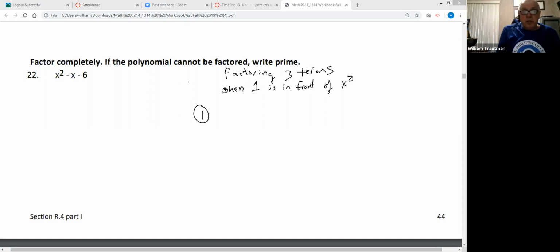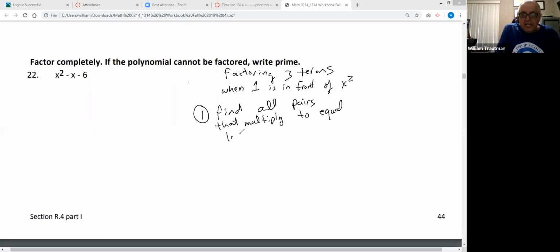So step 1. Find all pairs that multiply to equal the last term. I have 3 terms. This is the last one, 6.